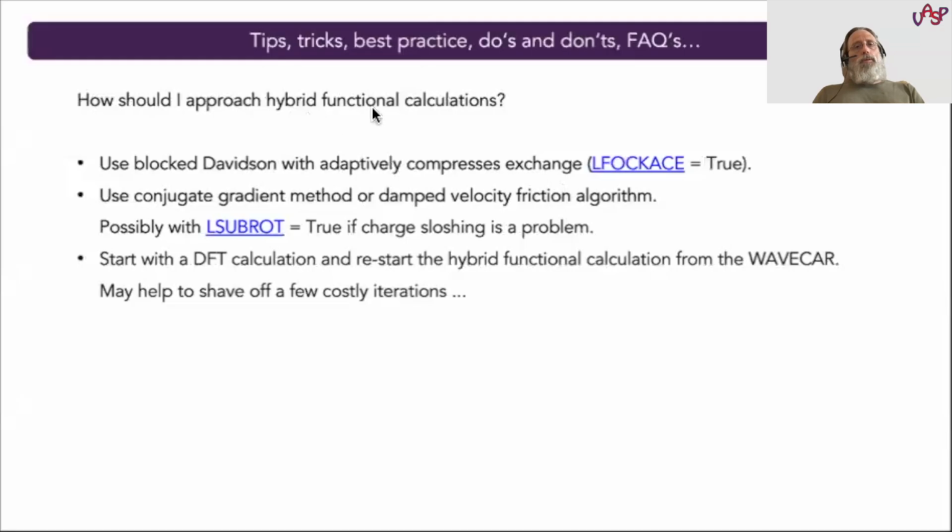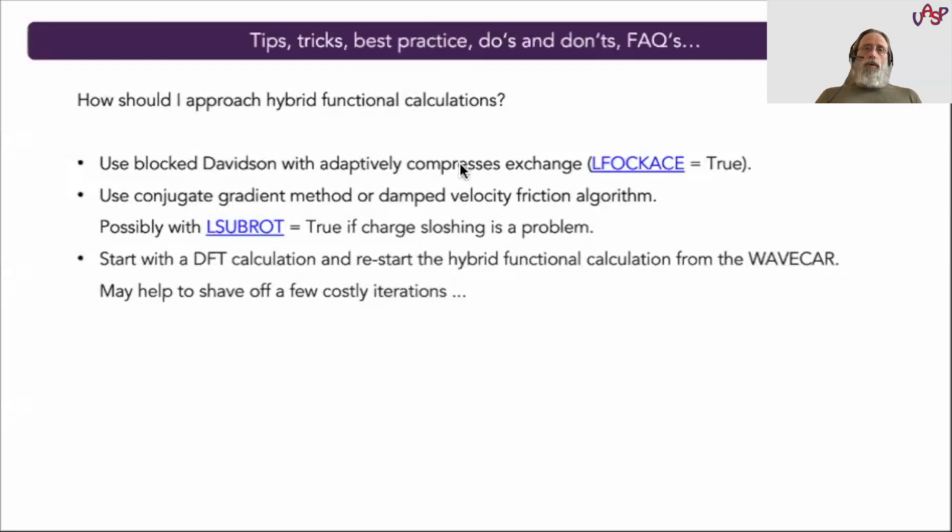So how should I approach hybrid functional calculations? You use block Davidson with adaptively compressed exchange. That is set by this tag. That is a very good first try, or use a conjugate gradient method or the damped velocity friction algorithm.